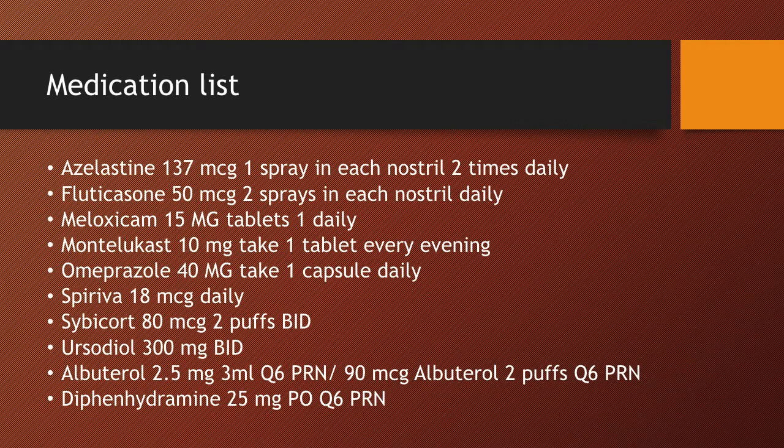It competes with the free histamine for binding at the H1 receptor sites, competitively antagonizes the effects of histamine on H1 receptors in the GI tract, uterus, large blood vessels, and bronchial muscles. So there's multiple things. So this is her list of drugs that she takes at home.